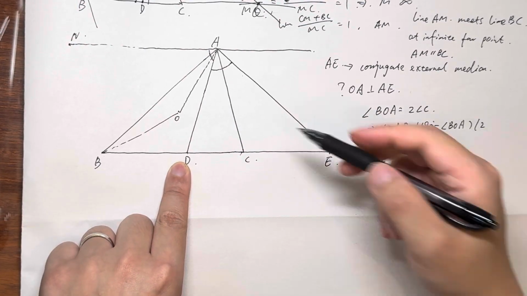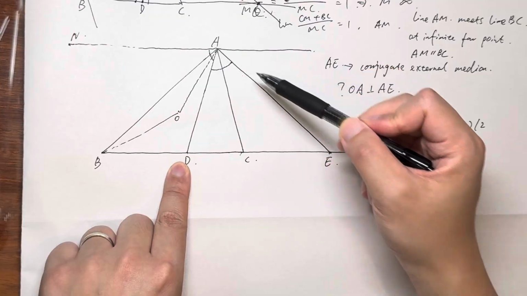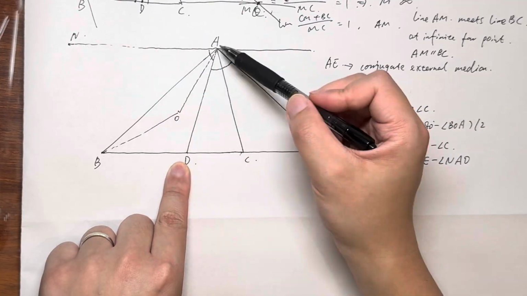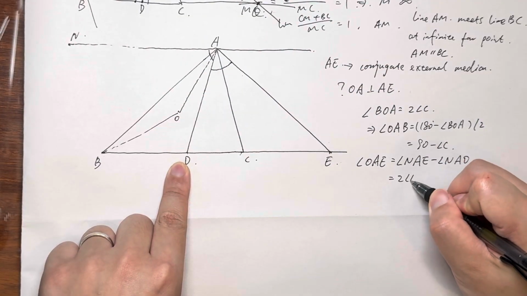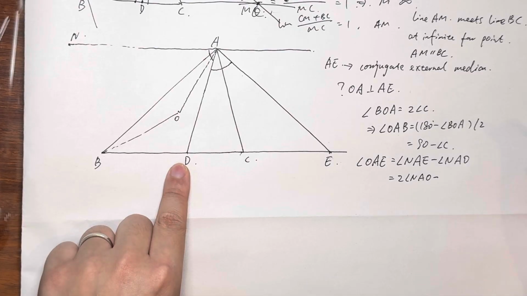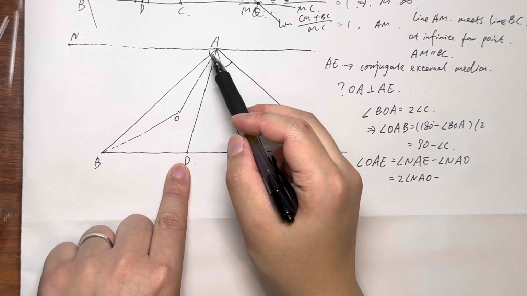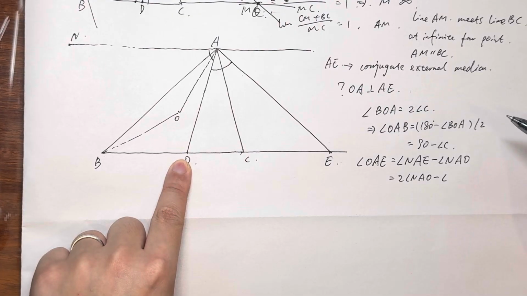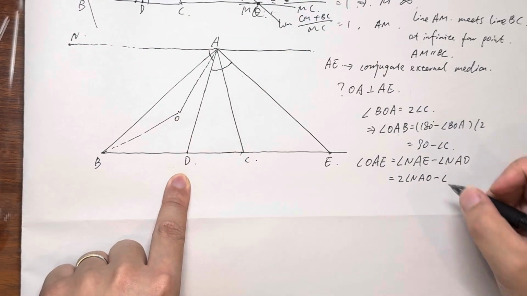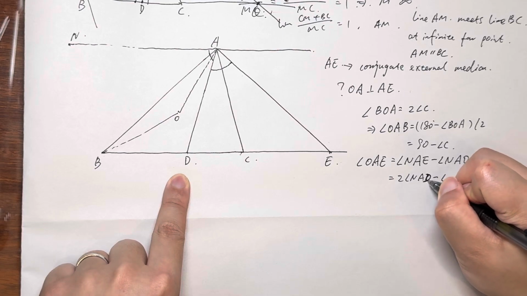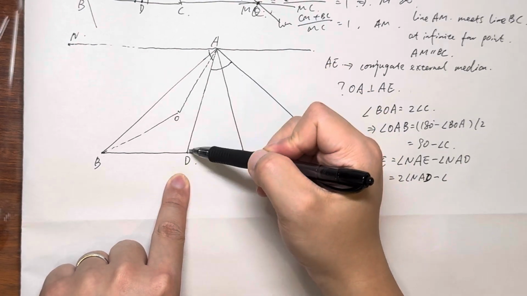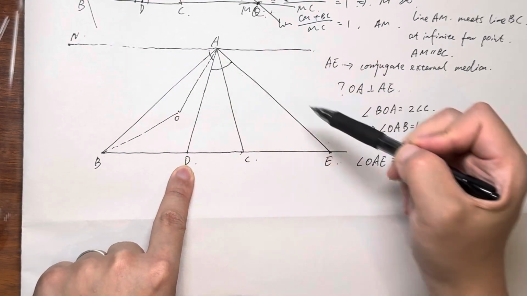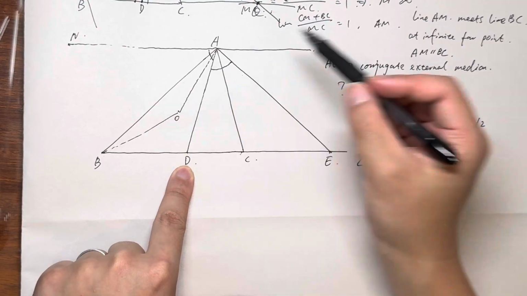So angle NAE is twice angle NAD, so angle OAE equals twice angle NAD minus angle NAO.